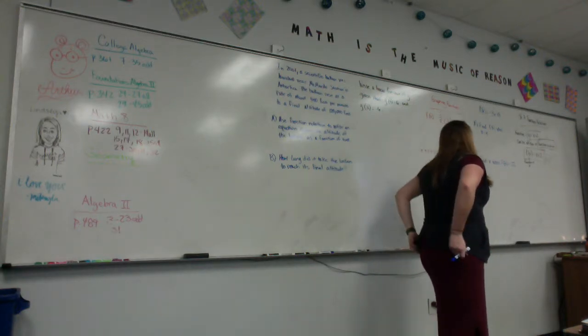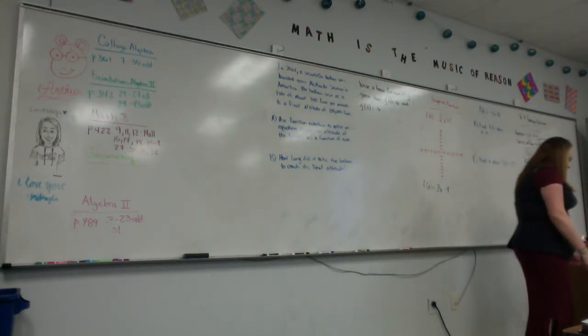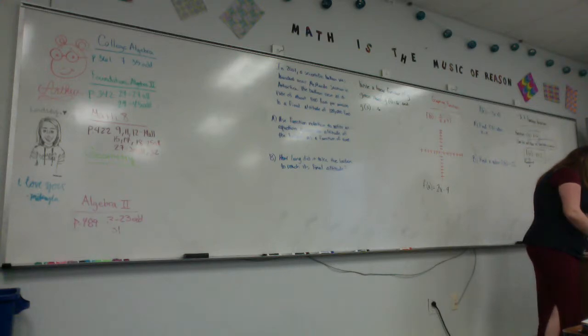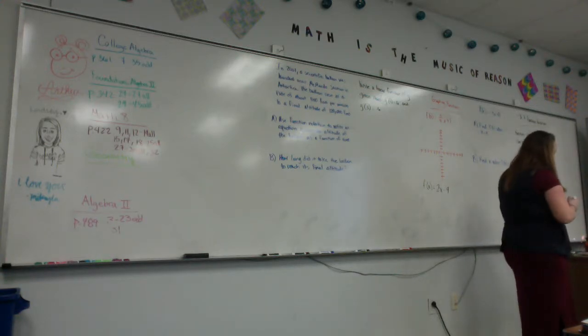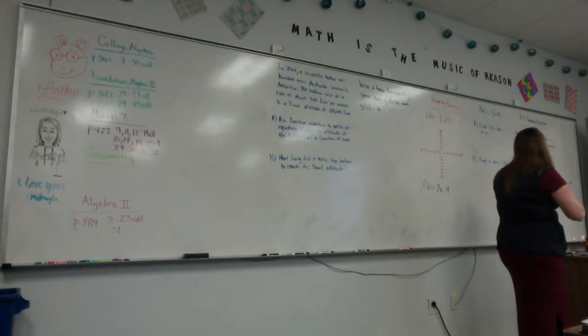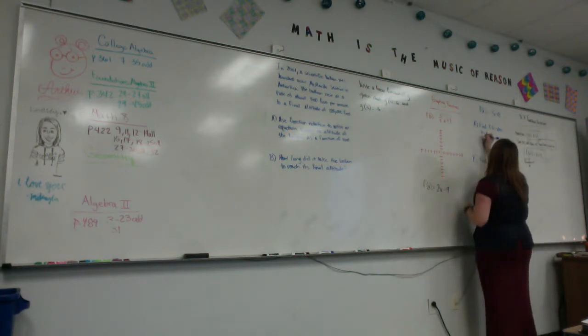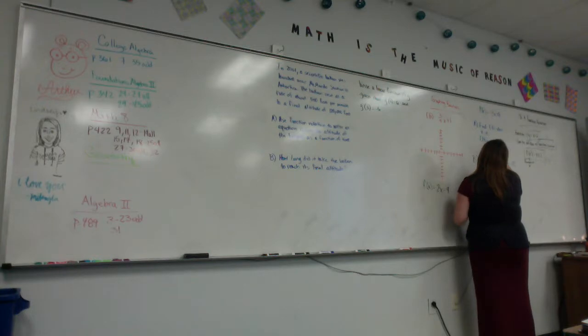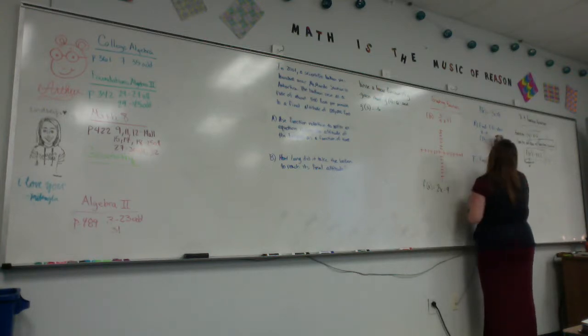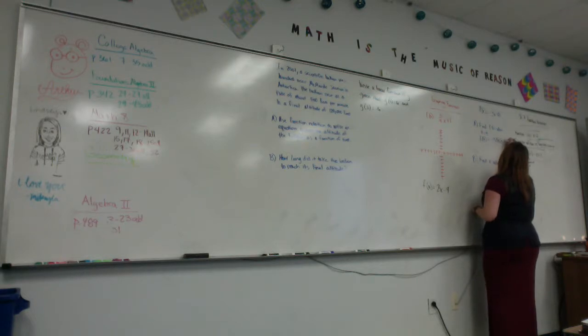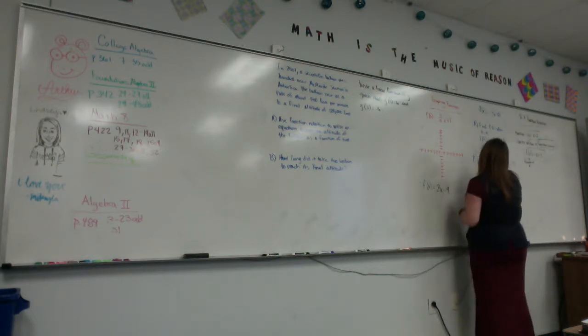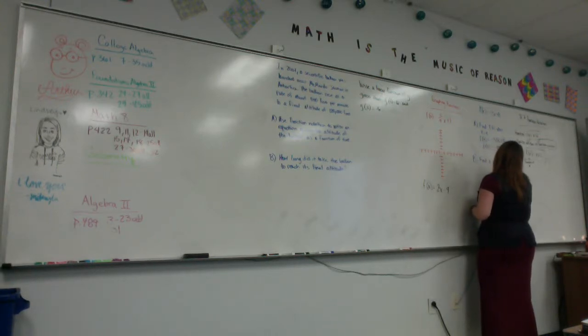Put 5 in both x spots. So what's going to happen is I get f of 5. When my function has 5 in it, I have negative 3 times 5 plus 8. What's negative 3 times 5? Negative 15. And what's negative 15 plus 8?